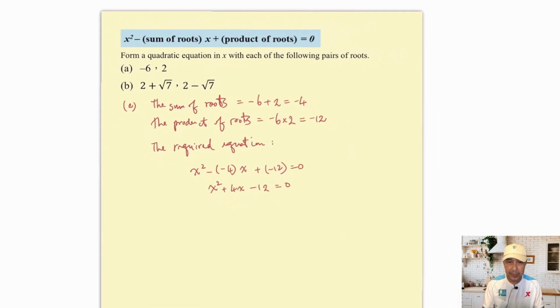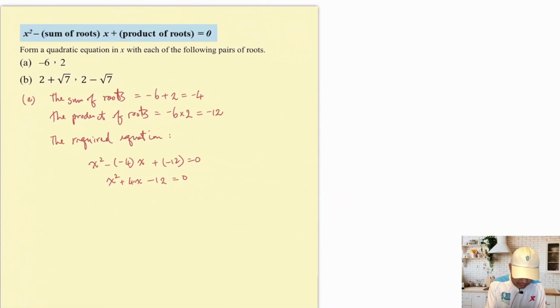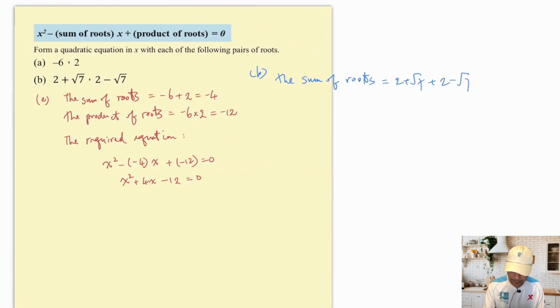Okay, part B, the same way, we are going to find the sum of roots. Okay, the sum of roots should be the sum of them. We can cancel the root 7, so the sum of them should be 4.